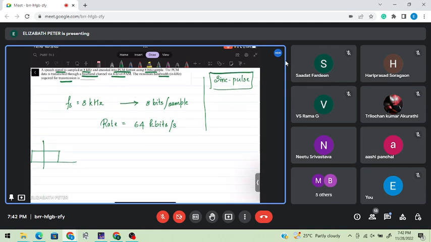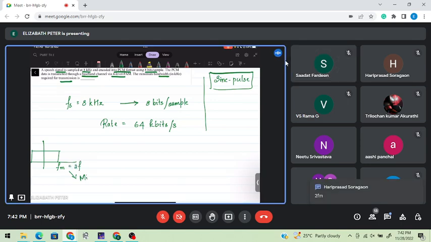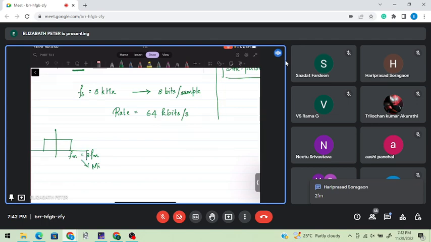So in the low pass signal, if a signal is having maximum frequency component fm, what is the sampling frequency required to avoid aliasing? What is the minimum? 2fm. 2 fm, correct. So these many samples will be there, right?